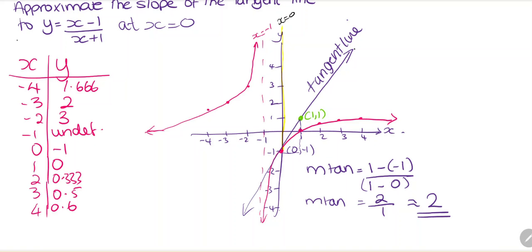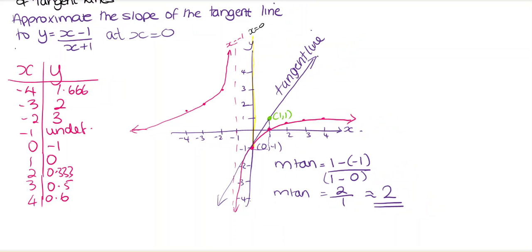So now we need to look at choosing some points in a table. Let's have a look at our table of values. We can use 1, 0, and then we'll get some nearer points.